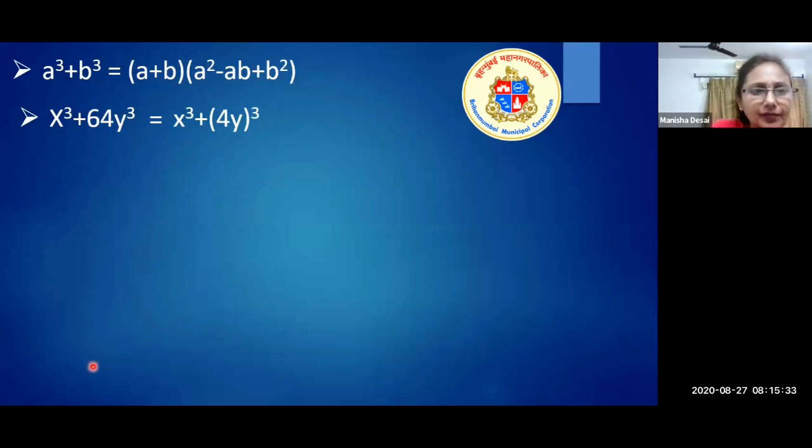So this 64y cube can also be written as (4y) the whole cube. So we can use this formula to find the factors of x cube plus 64y cube. In this formula, we are going to replace a with x and b with 4y.